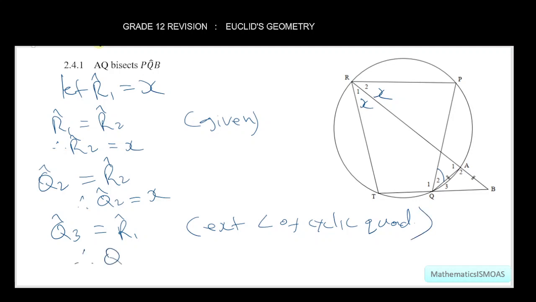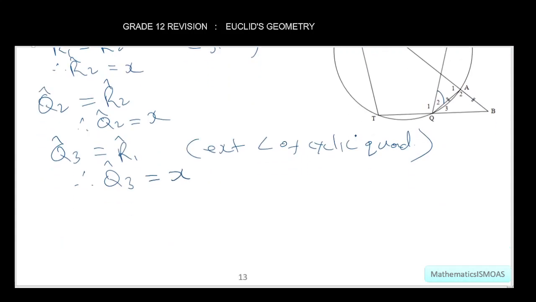Therefore, angle Q3 will be equal to X. Therefore, this means angle Q2 is equal to angle Q3, since both Q2 and Q3 are equal to X.